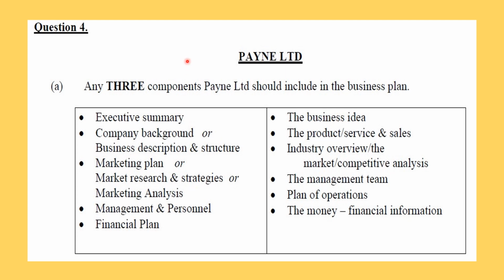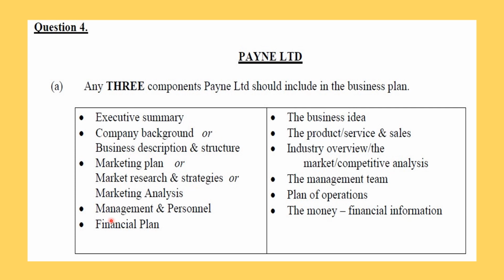I have prepared an answer here. Any three of these should be included in the business plan. Executive summary, company background or business description and structure, marketing plan or marketing strategy, anything to do with marketing at all should come in.